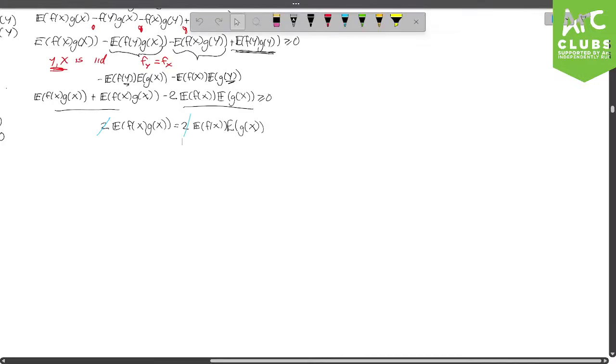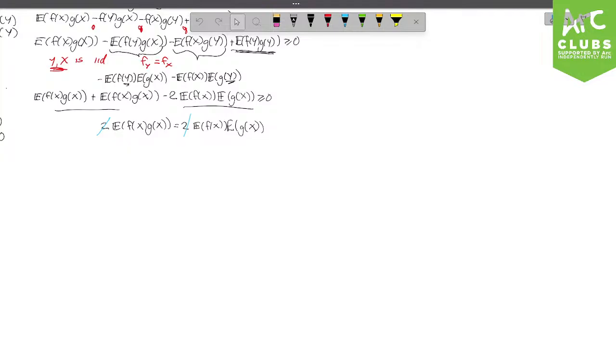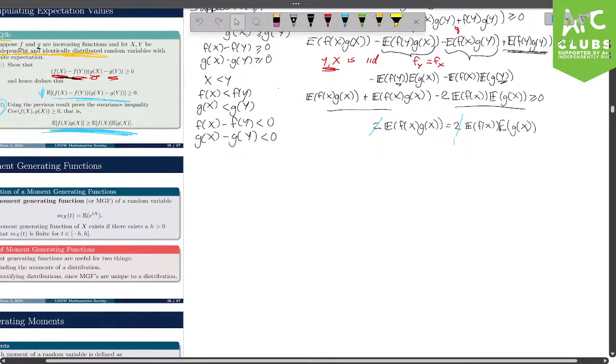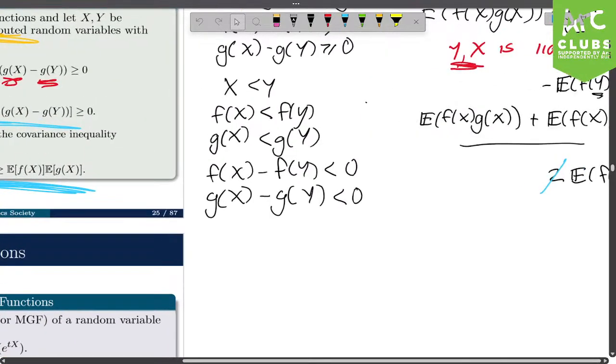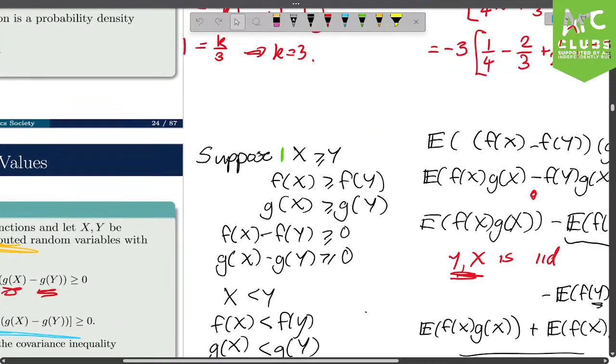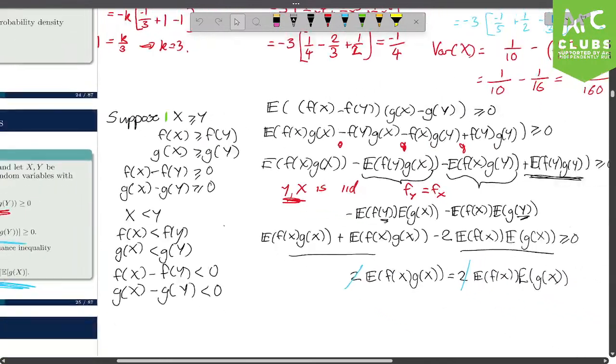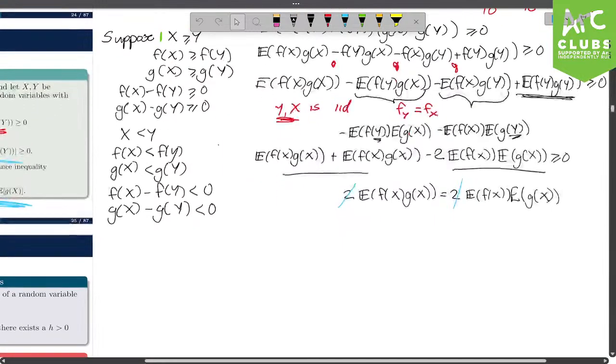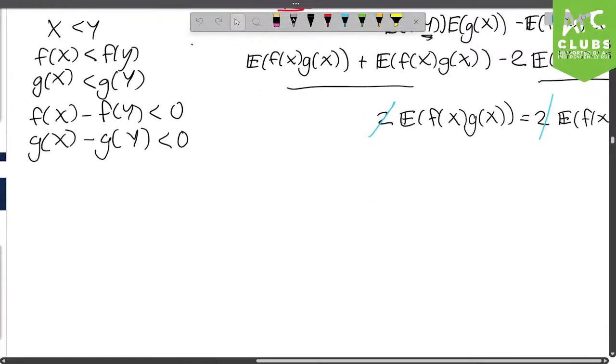What is an example of f sub x equal to f sub y, but x greater than y? For the question in the chat, that's a really good question.